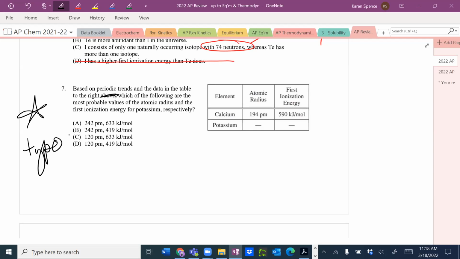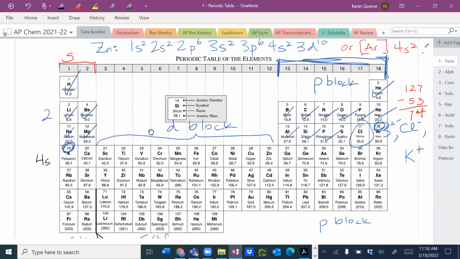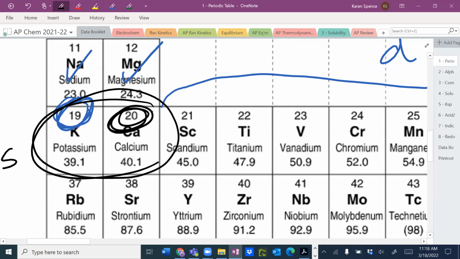So we know something about calcium, and relative to each other, where are calcium and potassium? I'm guessing they're right beside each other. Lo and behold, they are. Calcium has 20 protons, so it will hold onto its outer electrons more strongly than will potassium, because potassium only has 19 protons pulling on its electrons.